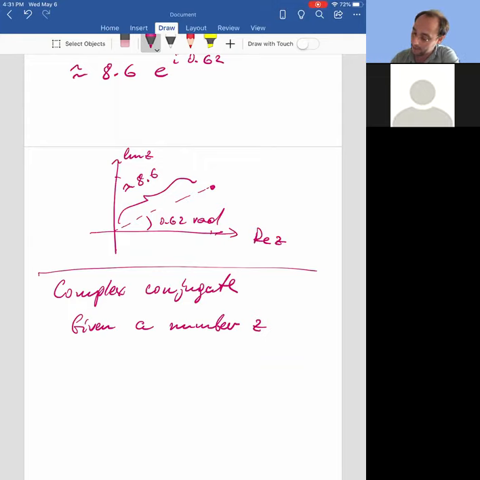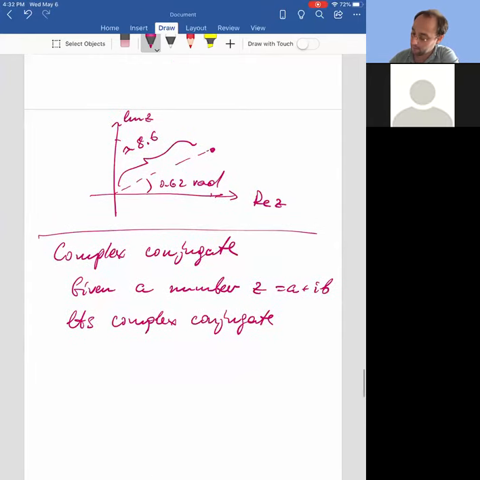Given a number z equals a plus ib, its complex conjugate z star is given by a minus ib.